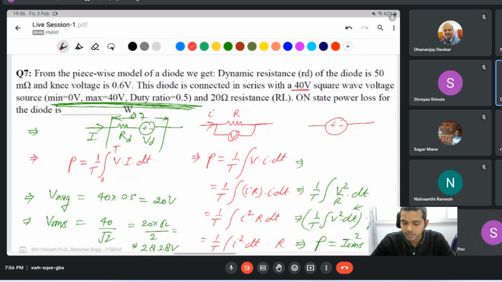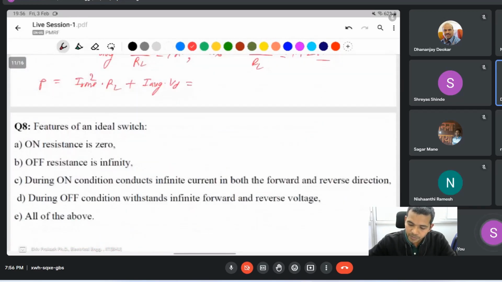So, sir, that 2 ampere current, is it the peak current? Yes, that 2 ampere is the peak current.